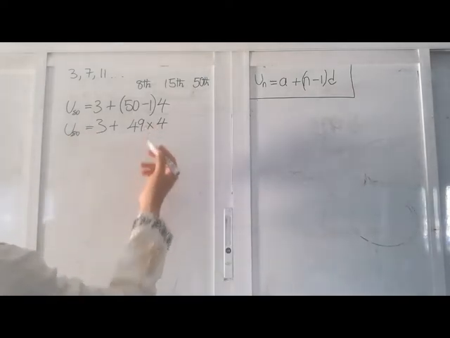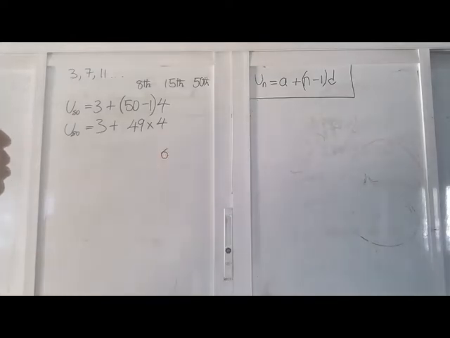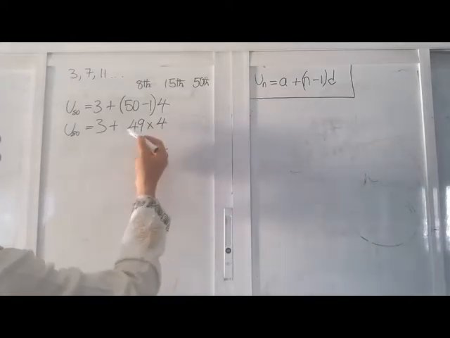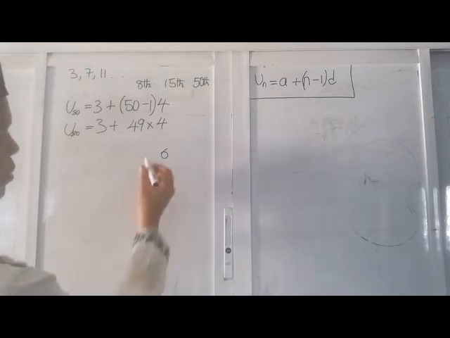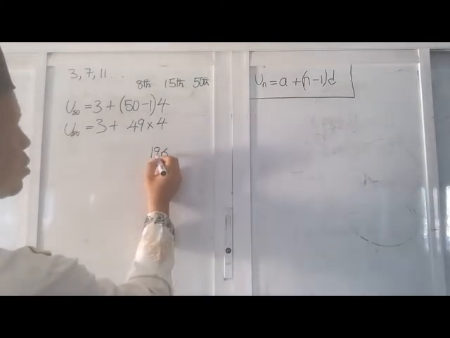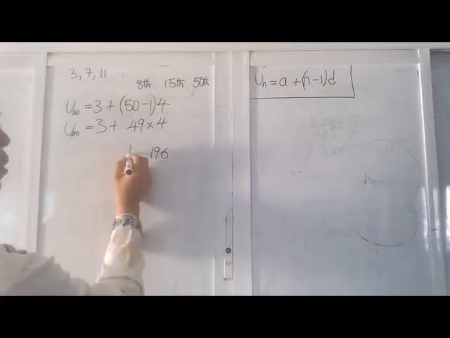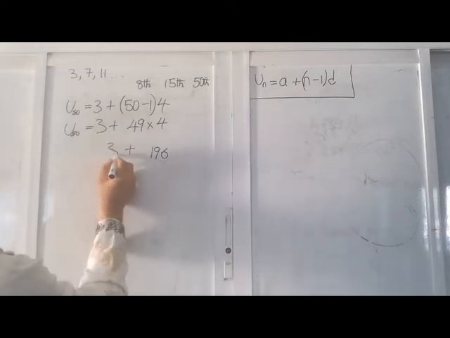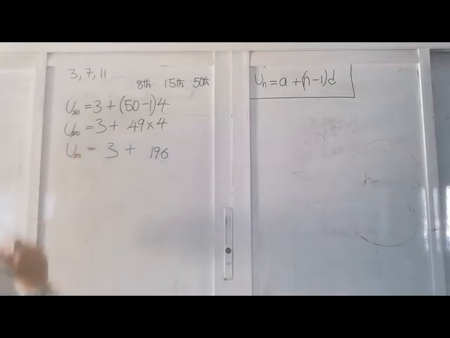4 times 9 will give you 36. 6 carry 3. 4 times 4 will give you 16, plus 3 becomes 19. So 4 times 49 will give us 196. We bring down our plus, we bring down our 3, equal to the 50th term we are looking for.